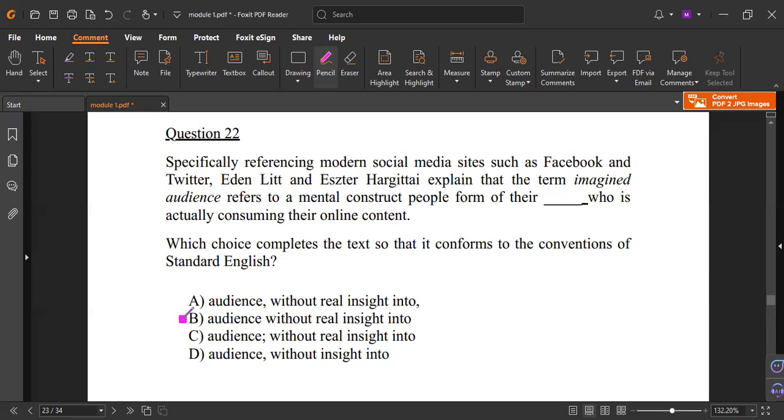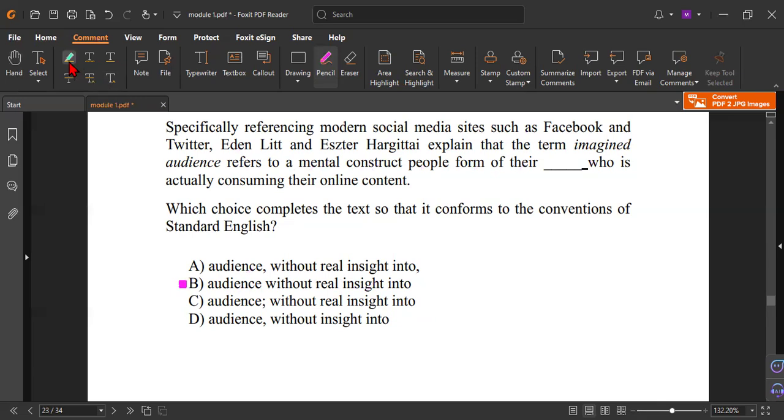Now always read it from the beginning to the end. But the problem is that all of it is one sentence. Let's see. Specifically referencing modern social media sites such as, and you see, explain that the term refers to a mental construct people form of their audience, and then without real insights into who is.